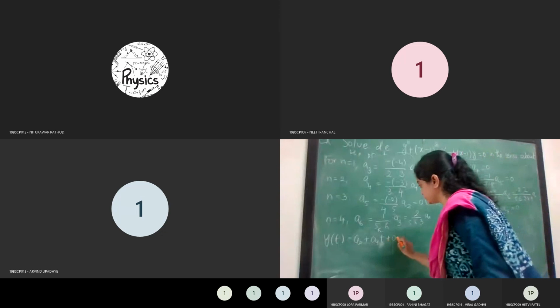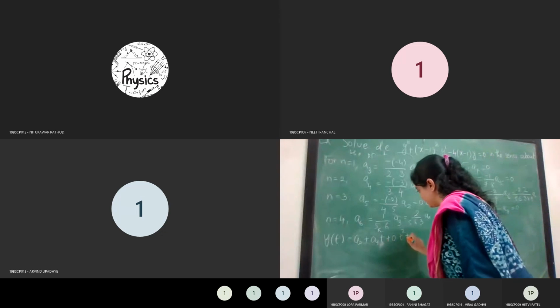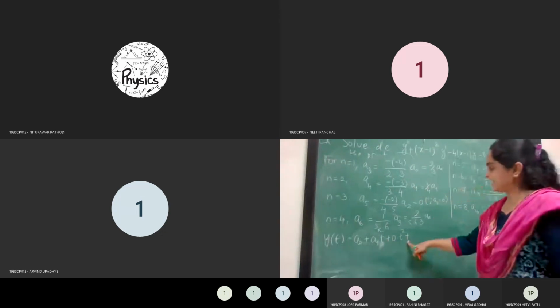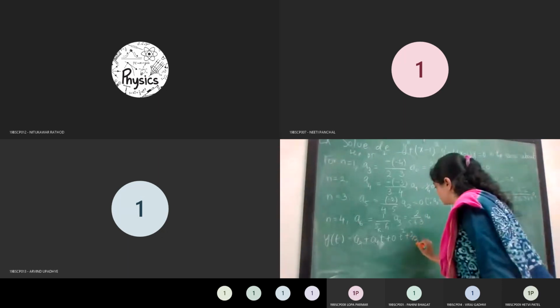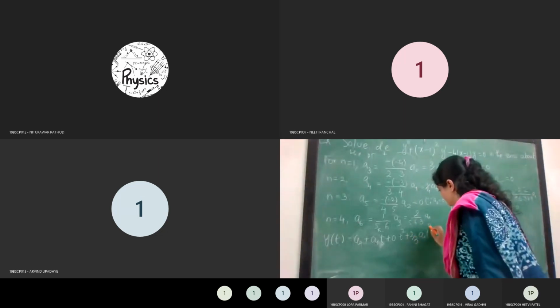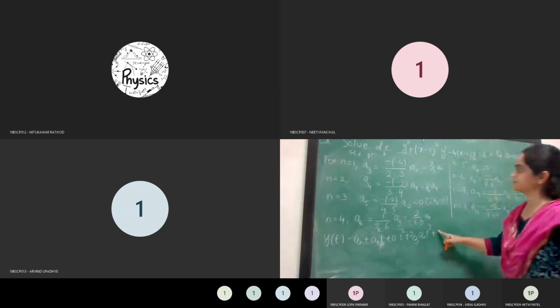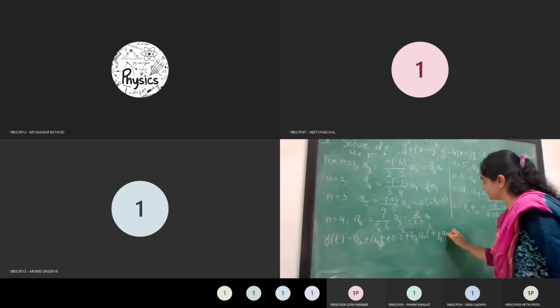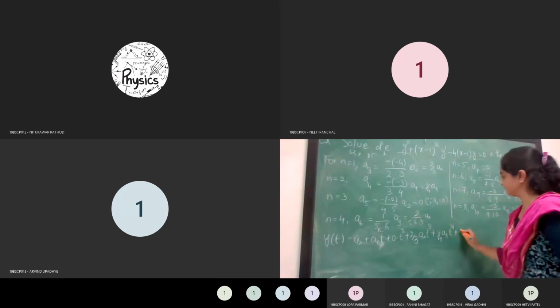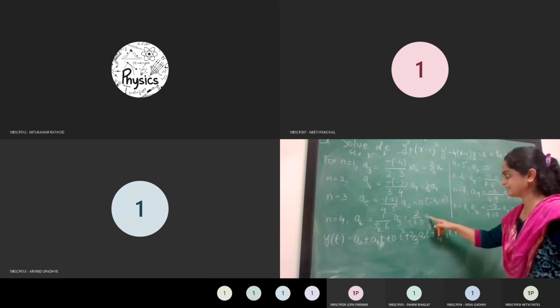A2 is 0, so 0 into T square, plus A3 into T cube. A3 is 2 by 3 A0 T cube, plus A4. A4 is 1 by 4 A1 T raised to 4, plus A5. A5 is 0, plus A6.